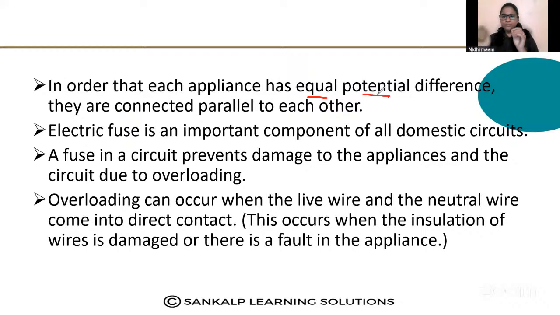For example, if you keep a mobile for charging, and if a washing machine is there, the washing machine needs more current. For charging a mobile, you need less current. So if you supply the current equal to the washing machine to the mobile charging, what will happen? There will be a short circuit or the mobile may get damaged. That is why we learned parallel connection in our electricity chapter. Like that, the appliances will be connected to the mains.